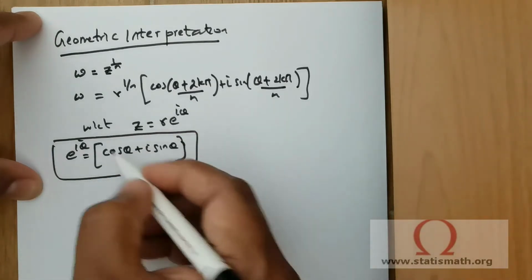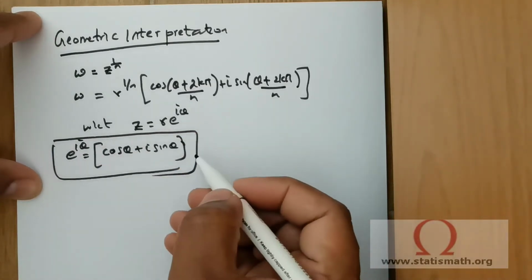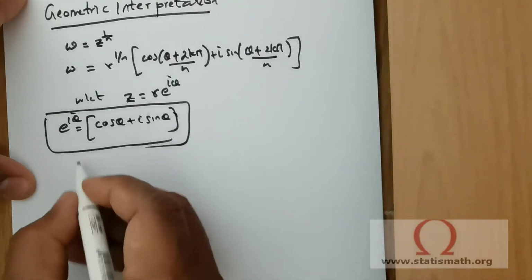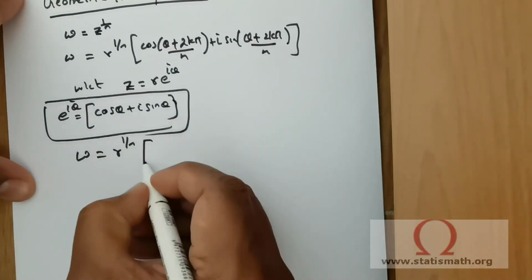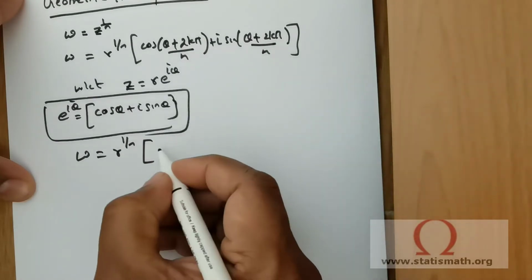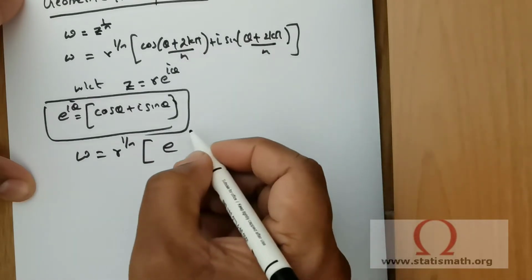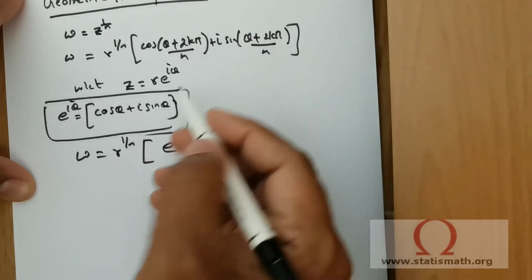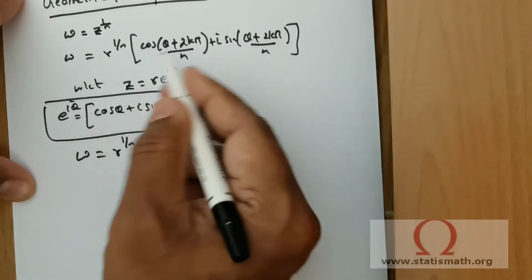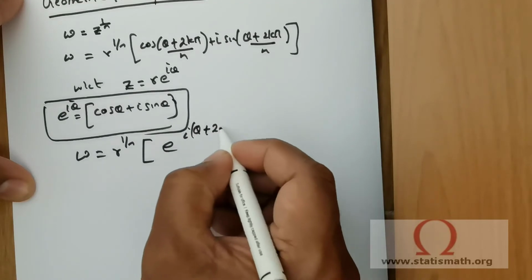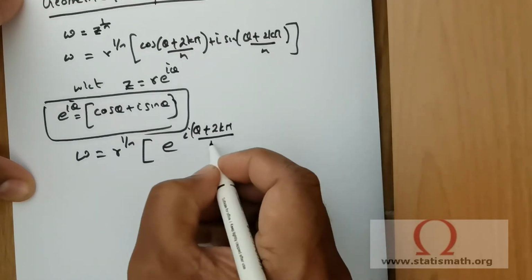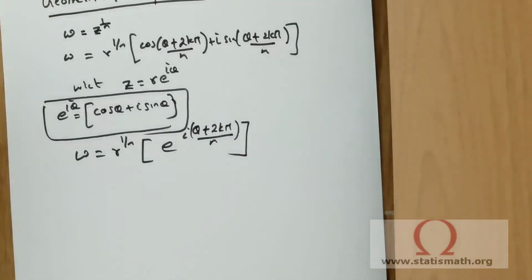Now using this representation for e, I can write omega to be equal to r raised to the power 1 over n of e raised to the power of i, the argument being (theta + 2k pi)/n. Okay, so this is the representation I have got.